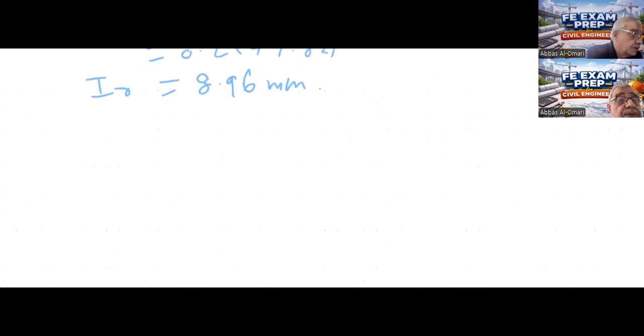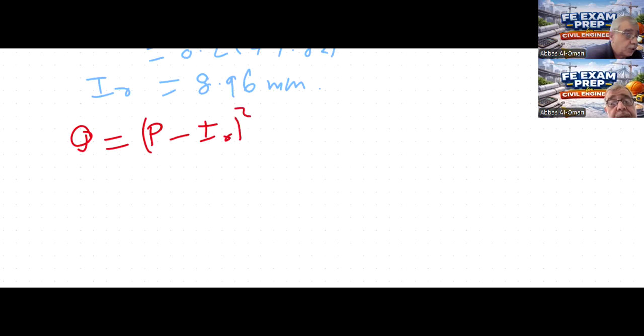Then we determine the Q. There's a formula for Q. So Q equals P minus initial abstraction, squared, divided by P minus IA plus S. In this equation, P, the precipitation, is known: P equals 75 millimeter.